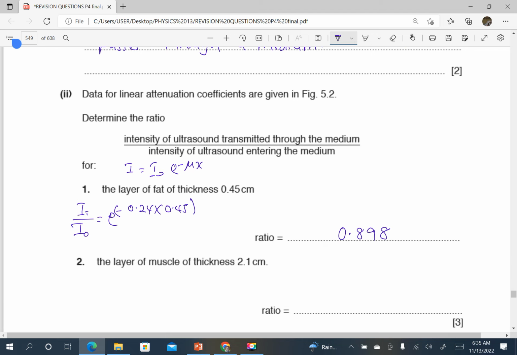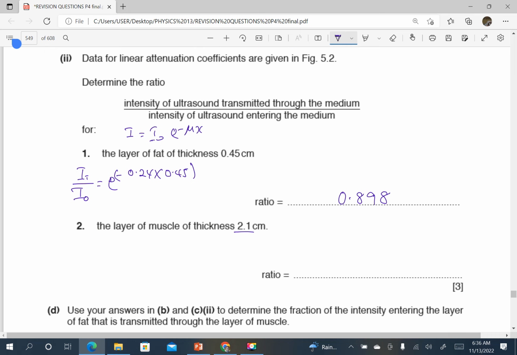Then for the layer of muscle of thickness 2.1 centimeters. So again here, the intensity transmitted through that layer over the intensity incident on that layer will still be e power negative, the attenuation coefficient, which is 0.23, times the thickness, which is 2.1.